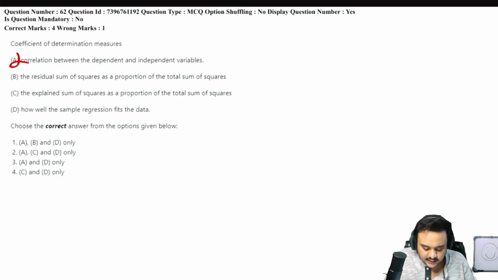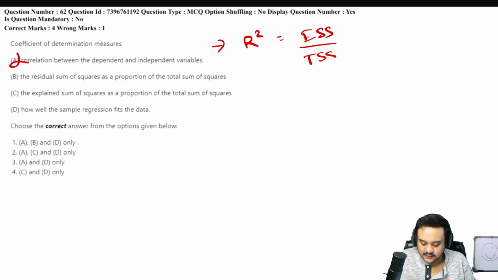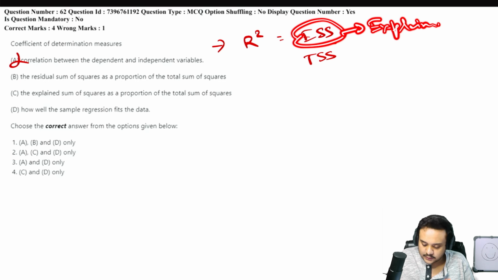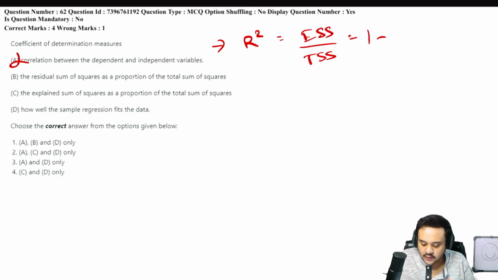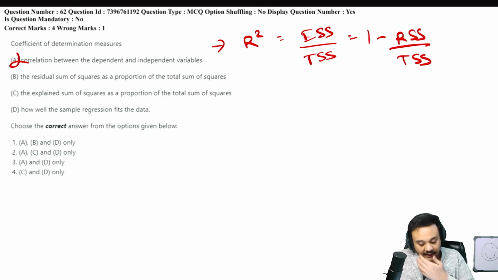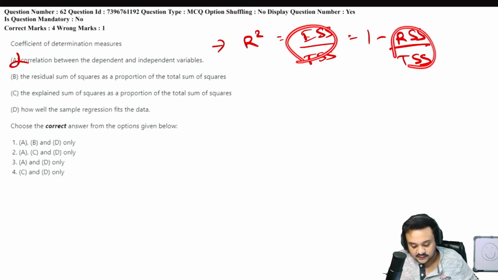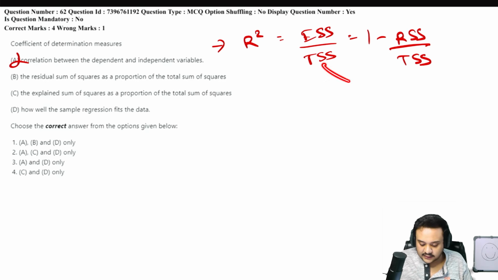Another thing is that first of all, write down the formula of it: R squared, which is the coefficient of determination, is written as ESS upon TSS, which means the explained sum of squares divided by the total sum of squares, or you can write it as 1 minus the residual sum of squares divided by TSS, right? So the total sum of these is 1, and that is why you can just subtract that from 1 to find the same value.